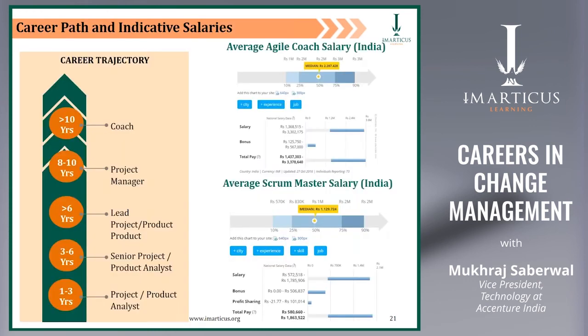Somebody at a mid level of 3 to 5 years typically goes as a senior agile analyst or senior business analyst. Those with 1 to 3 years typically go as an agile analyst or a business analyst. It could be a junior role, which is fine. At least you will get into a right role.